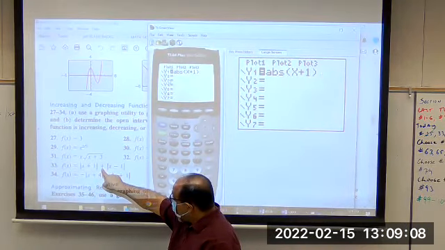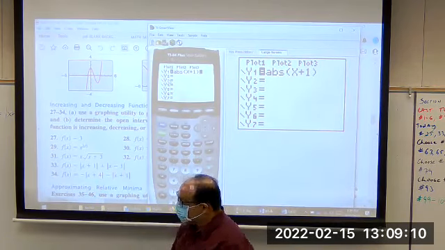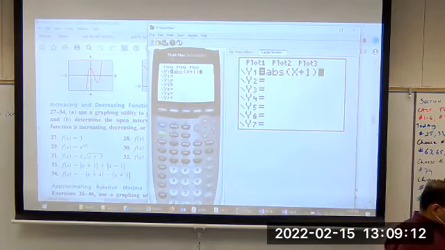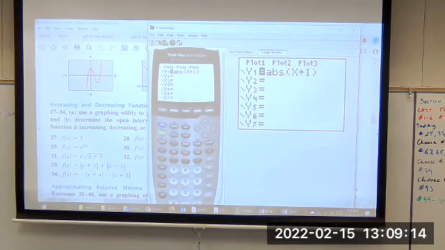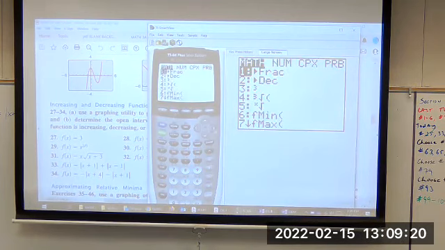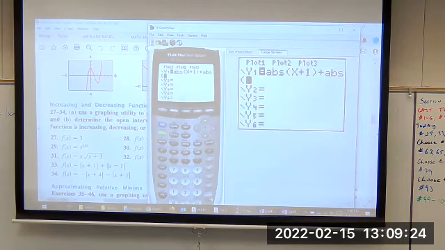And then I want to add another absolute value of an x minus 1. So plus the absolute value of an x minus 1. And close the parentheses. Then you hit enter.